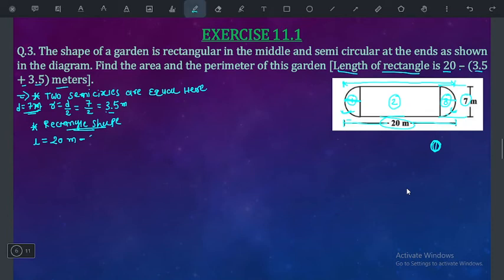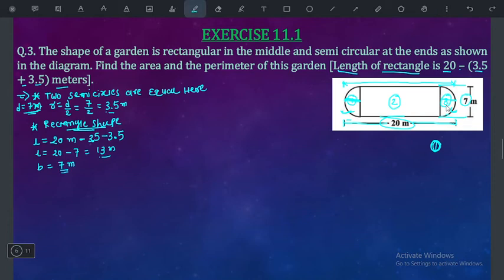So we subtract 3.5 from this side, and another 3.5 from this side. So L equals 20 minus 7, and 20 minus 7 equals 13 meter. And the breadth for the rectangular shape is 7 meter.